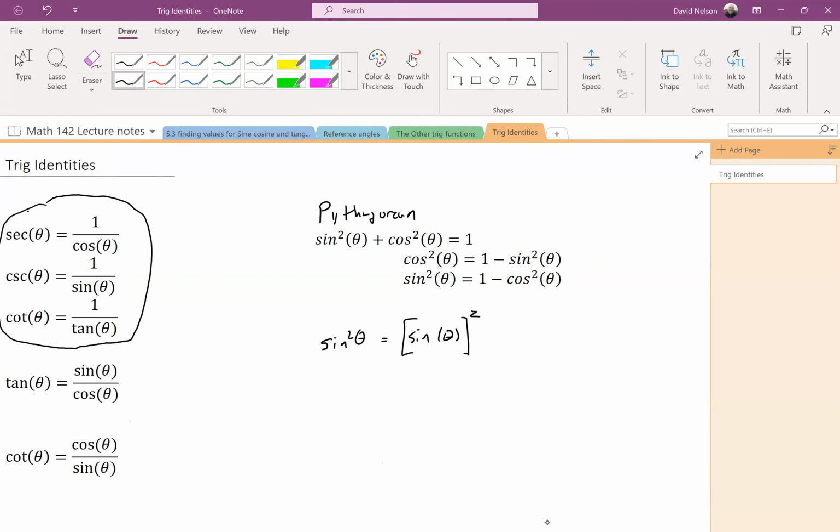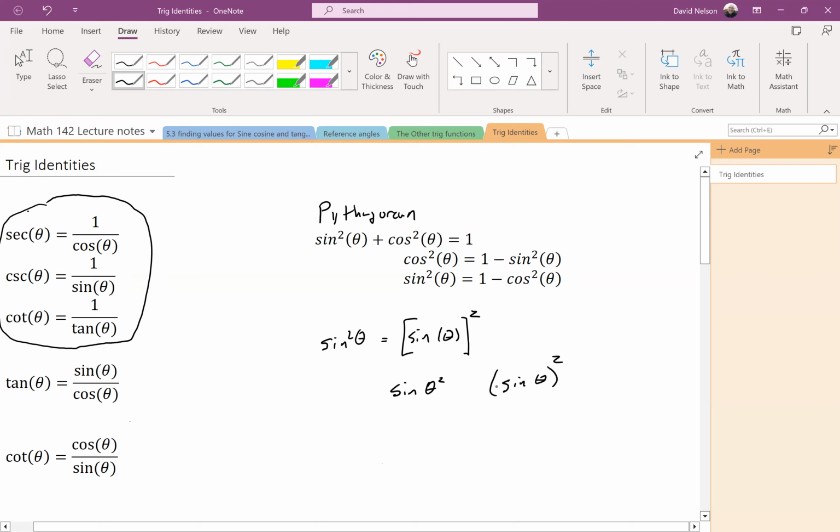It helps with some confusion, because if you write sine theta squared, there's some confusion of what that is. Do we mean that that's the sine of theta all squared? Or do we mean that that's the sine of the angle squared? Are you squaring the angle?